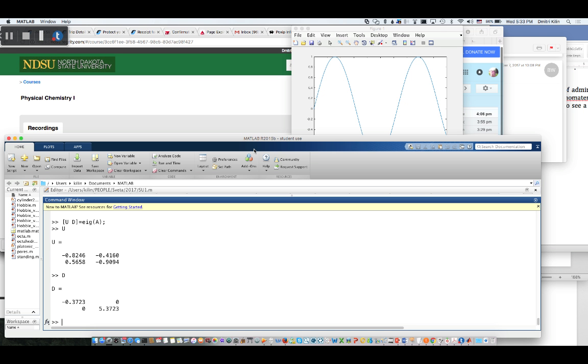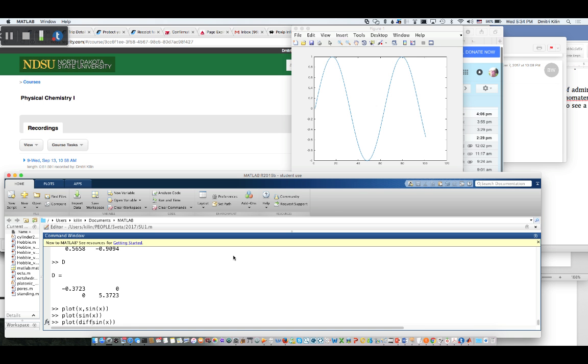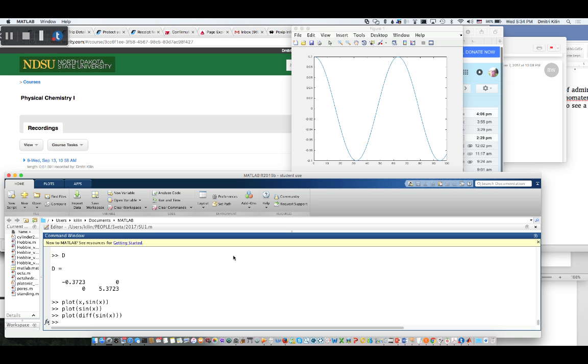So let's return to our sine. So if we do diff, the derivative of sine is cosine, but one should be careful.